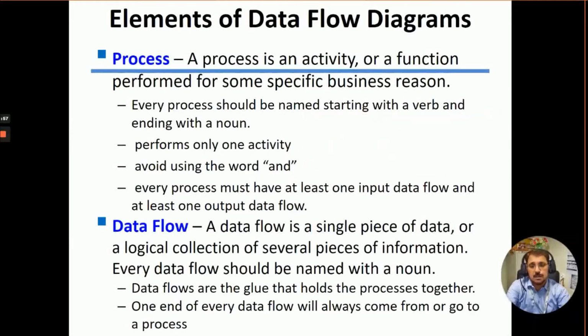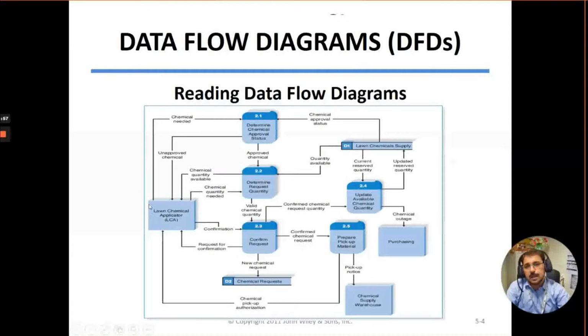Let me show you the diagram once again. This one is the data flow. This data flow goes through this process and then goes as an output in some way. So it is not possible that it goes directly from here and comes to this place. No, it goes through some process, and after this process it goes to the next level.